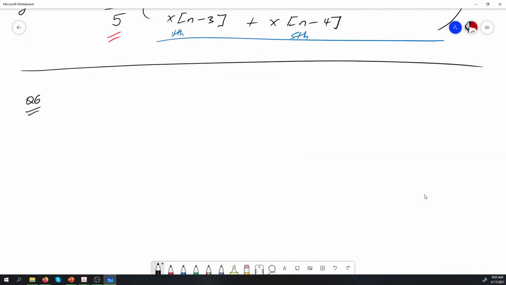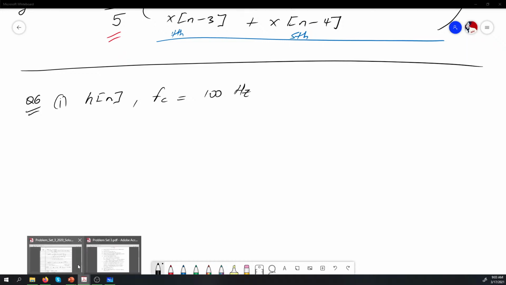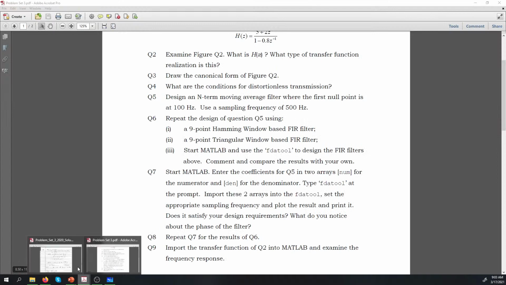Right. So for part 1 here, we're going to have to design for h of n, which is going to be our window, where fc here is 100 hertz. And for the Hamming window, Hamming or Hanning? Check that back. Hamming window, right.